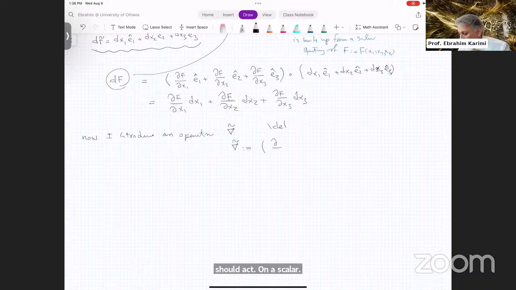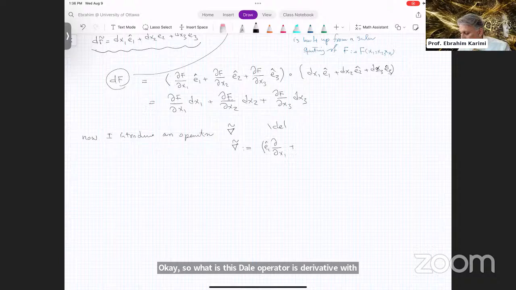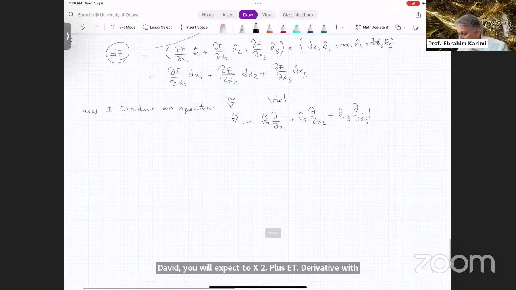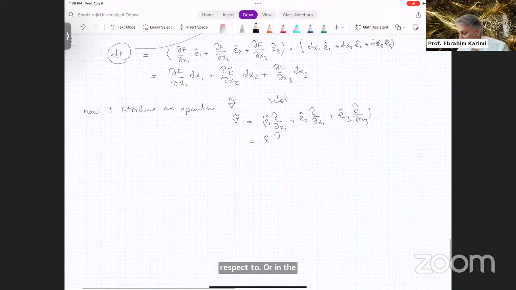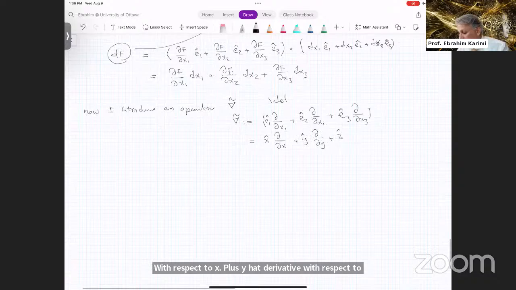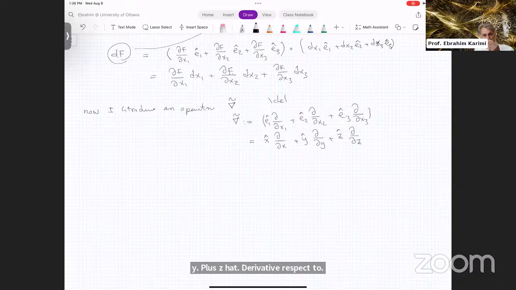It is e1 derivative with respect to x1, plus e2 derivative with respect to x2, plus e3 derivative with respect to x3. Or in the Cartesian coordinates, that will be x hat derivative with respect to x, plus y hat derivative with respect to y, plus z hat derivative with respect to z. Okay? It is a vector operator.